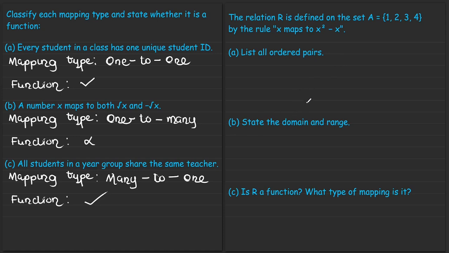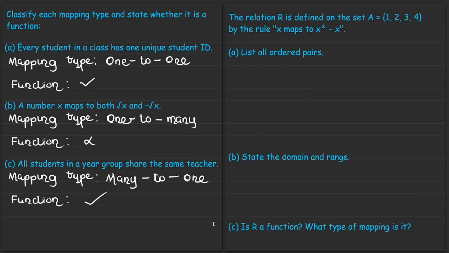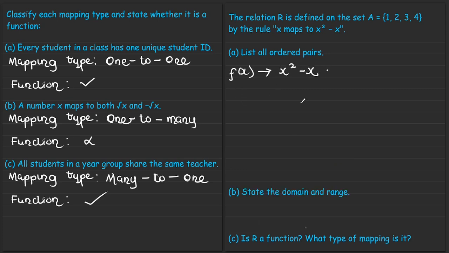So let's start with that. For the ordered pairs, we start by saying if our function f of x is given as what? X squared minus x. So evaluating what we have, for x being 1, we have f of 1 given as what?